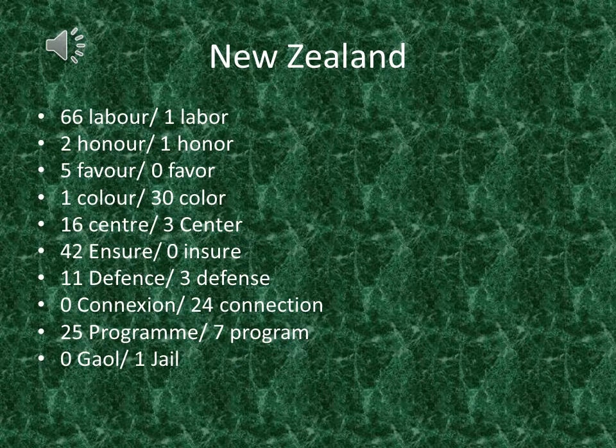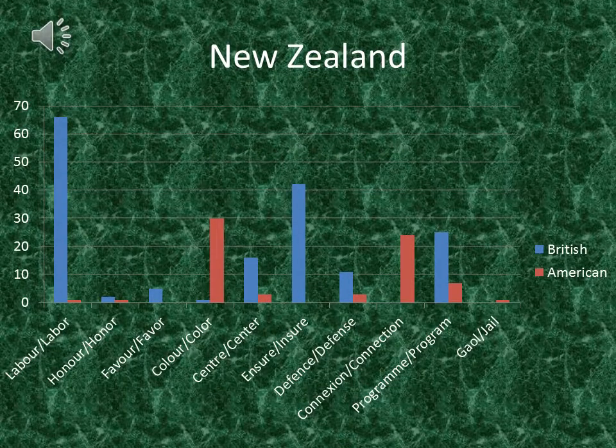New Zealand has a more varied way of spelling the selected test words, but again, it is clear that overall the British English way of spelling comes out on top. You can see in this view that it is slightly closer, but in most cases, British English reigns supreme.